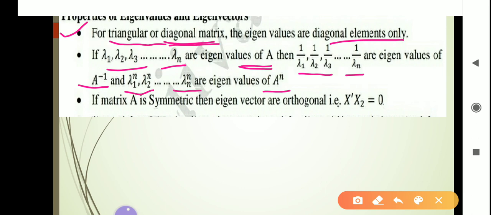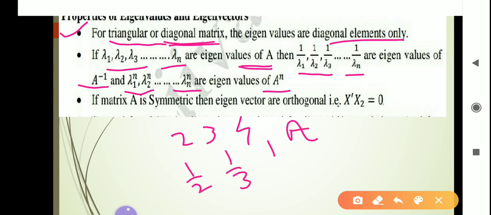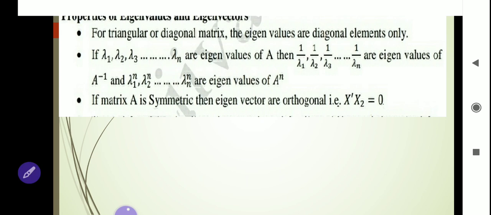Simply, suppose 2, 3, 4 are the eigenvalues of matrix A, then 1/2, 1/3, 1/4 are the eigenvalues of A inverse. Okay, 2 square, 3 square, 4 square are the eigenvalues of A square. So using this property we can write directly.